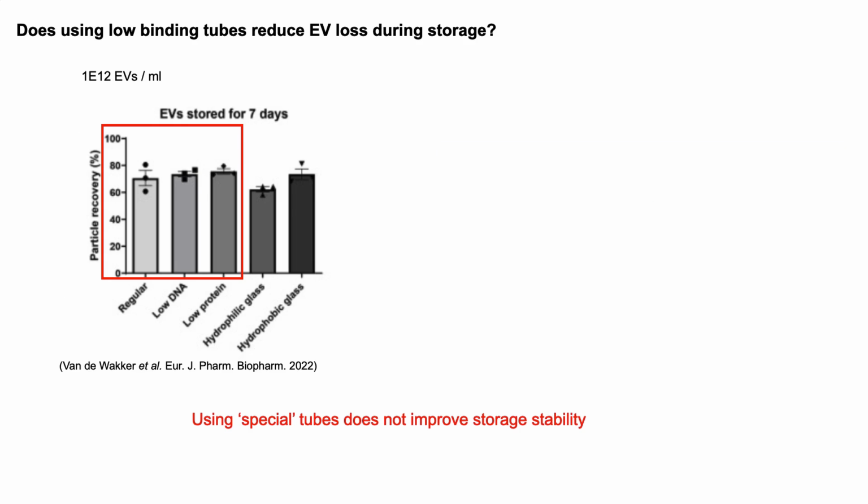There are also a couple of low binding tubes on the market that may reduce EV loss during storage, but this paper from Simon van der Wakker shows that there are not really big differences based on what type of tube you use, at least in this short-term storage.